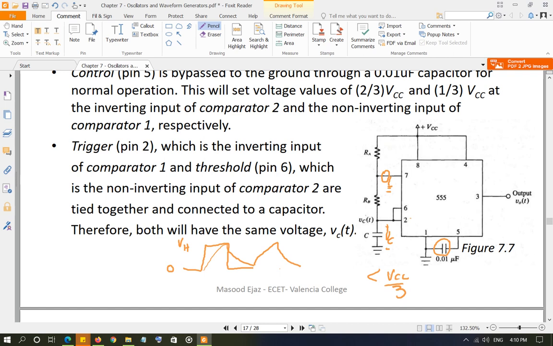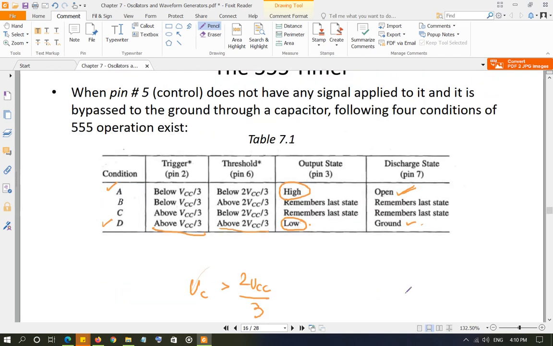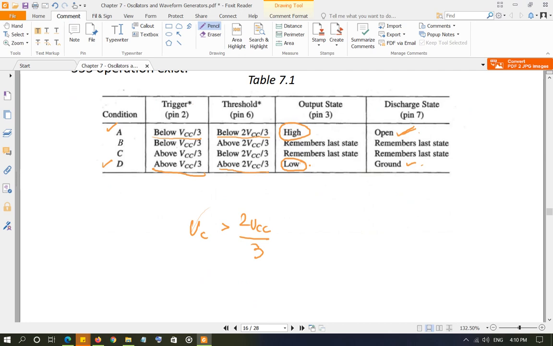Less than VCC by 3 means that of course it is less than 2 VCC by 3 as well. So both pins, pin number 2 and pin 6, which are tied together, have their voltage below VCC by 3. Condition A is satisfied, the output will go back to high and the discharge pin becomes open circuit.